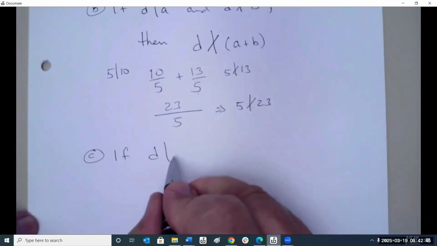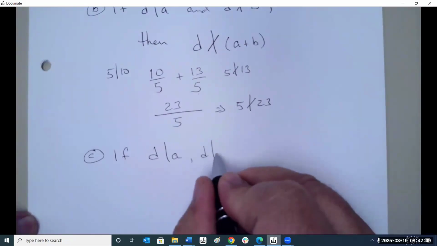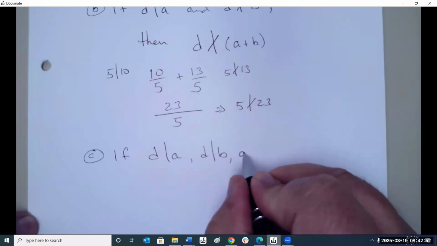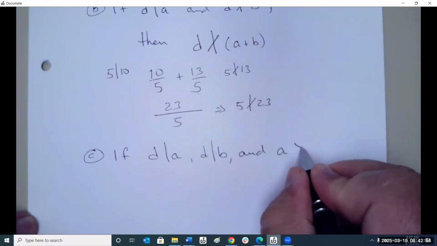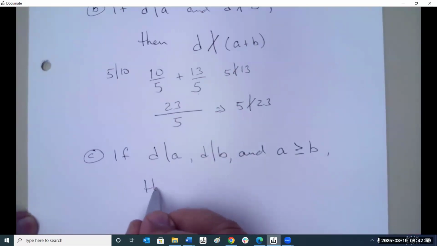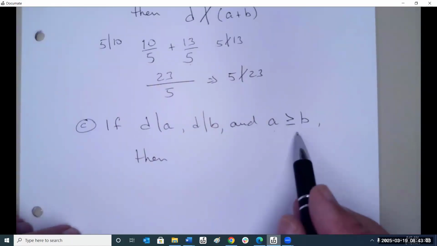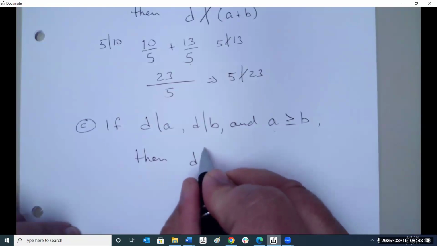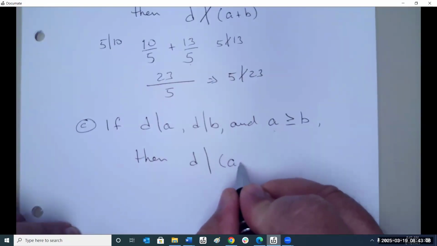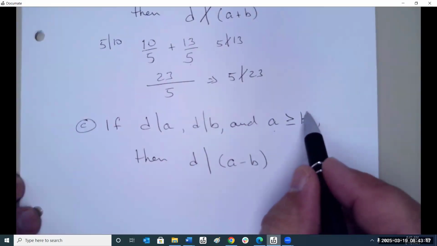If D is a divisor of A, D is a divisor of B, and A is larger than or equal to B, now we have to make this distinction first, then D is a divisor of A minus B. Why is this so important right here?